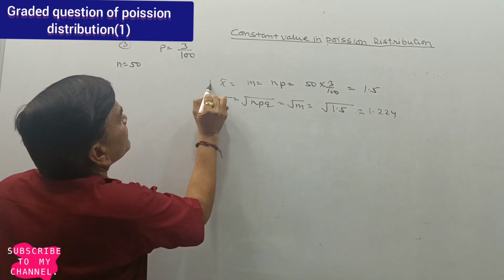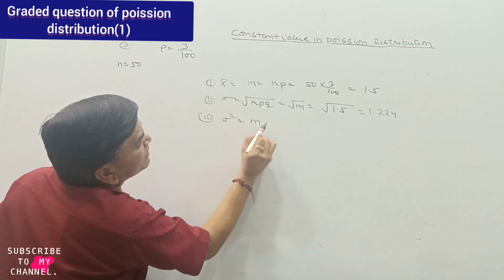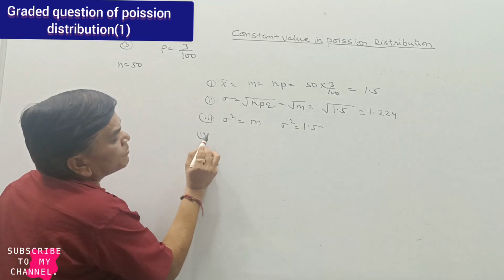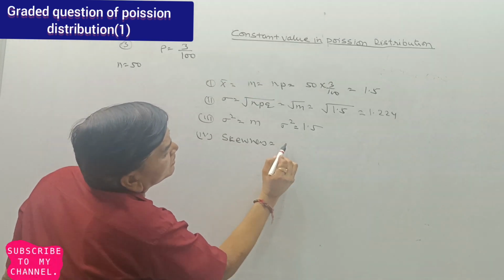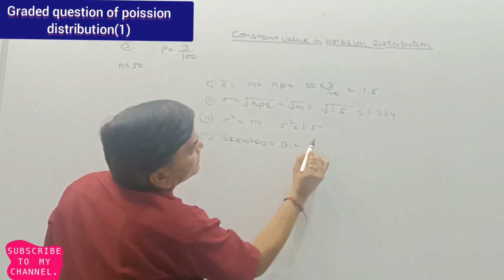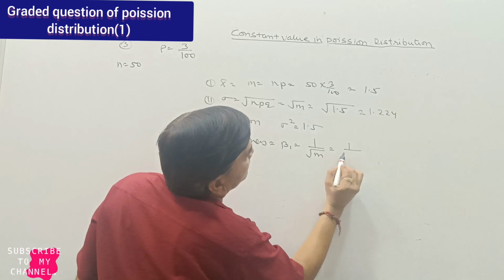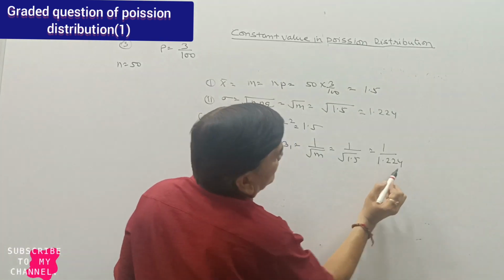Third, the variance is m, so the variance is 1.5. Fourth, the measure of skewness, beta 1, is 1 upon the square root of m, that is 1 upon the square root of 1.5, which is 0.8165.